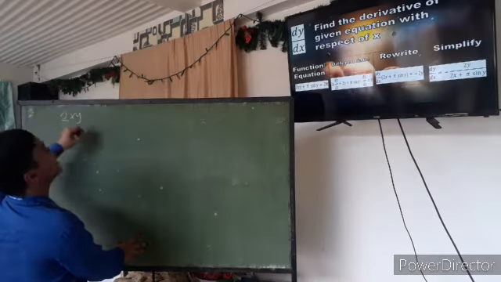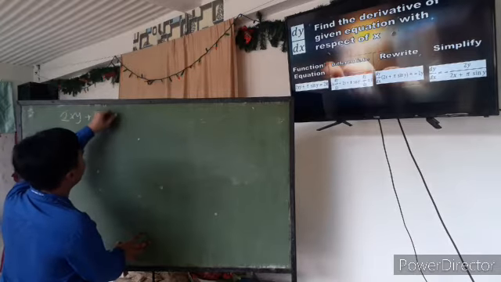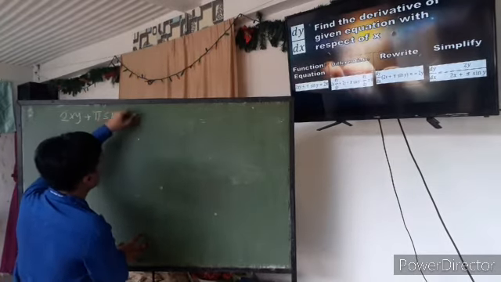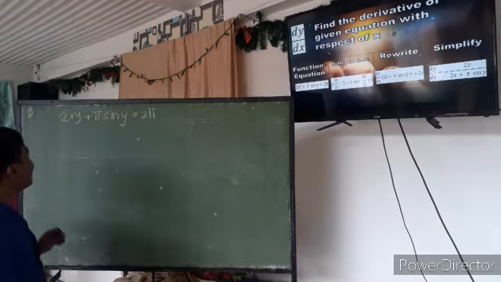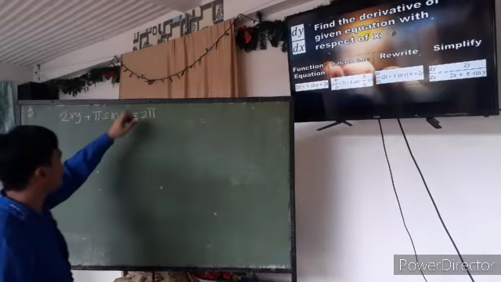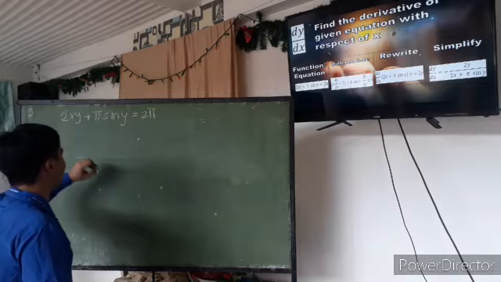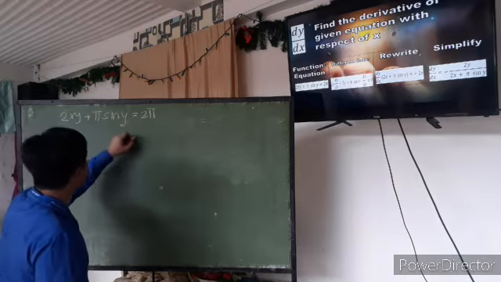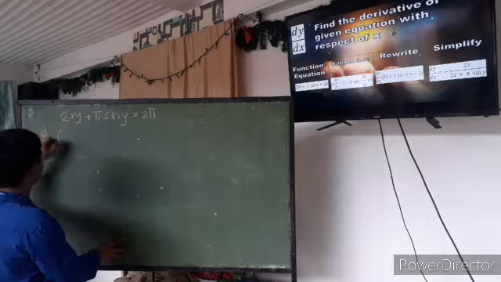Next, 2xy plus pi sine of y equals 2 pi. Now, apply the two formulas. Several rules: trigonometric, product rule, and constant, where the derivative of a constant is 0. Now, differentiate both sides.